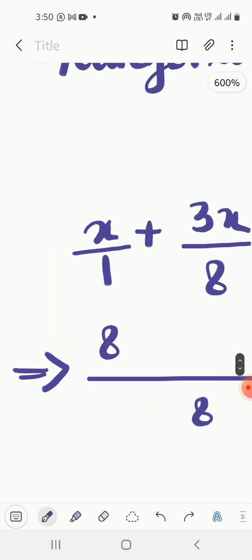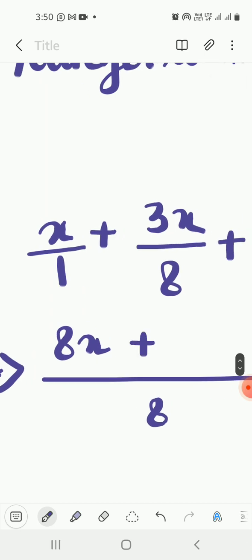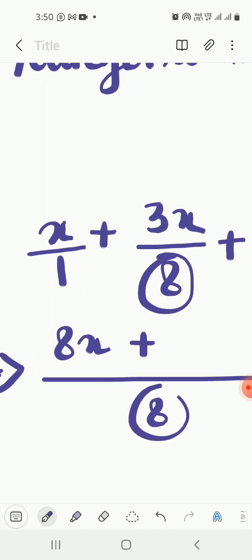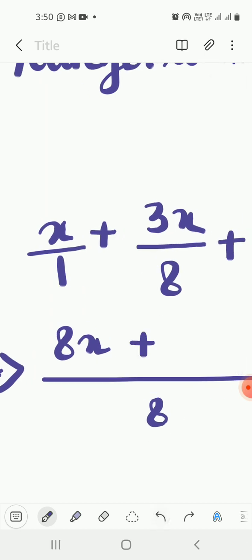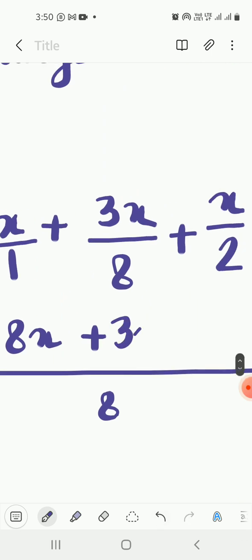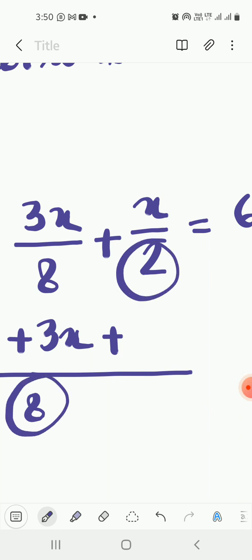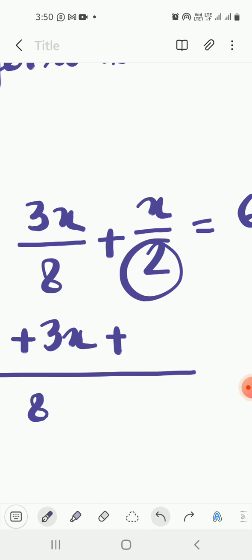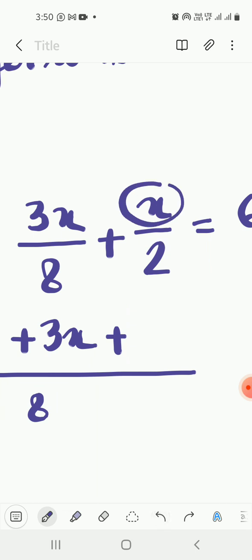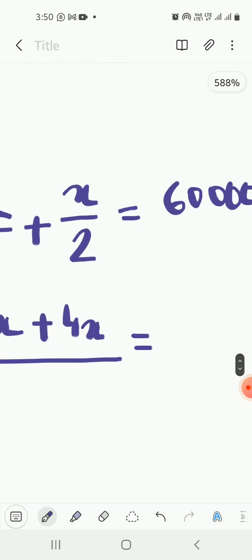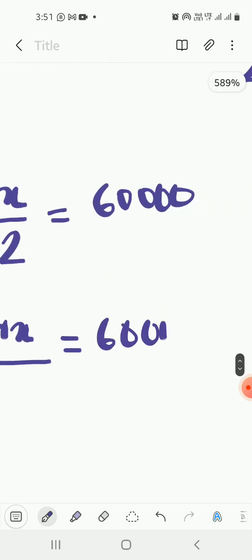It becomes 8x plus, this is 8 and this is also 8, so same denominator, so we will write 3x as it is, 3x multiplied by 1, plus over here it is 2 and this is 8, so 2 into 4 is 8, so this 4 will be multiplied with the numerator as well, so 4 into x becomes 4x, and this is equal to 60,000.